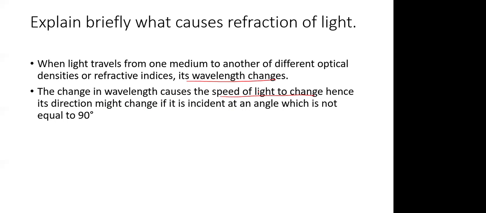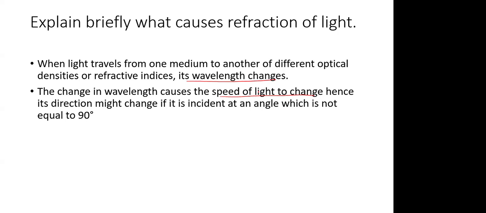So basically there are two reasons that bring about the change in the direction that light takes. So what makes the direction of light change? One, it depends on the wavelength. And the second one, it is because of the change in the speed. So the major one is the change in the wavelength.